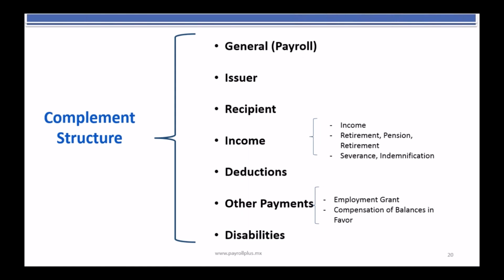Now we're going to go into the structure of the payroll complement. Version 1.2 includes 77 fields that need to be filled out each time that you make a CFDI for payroll.